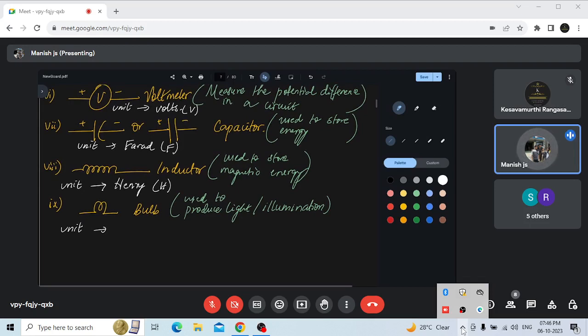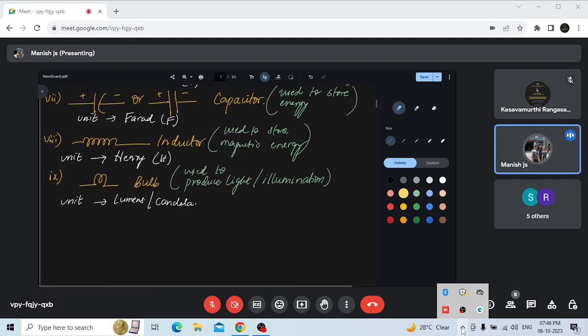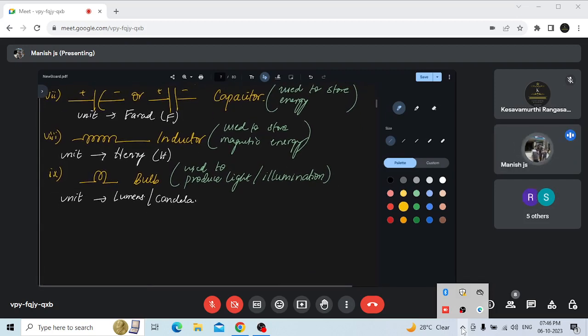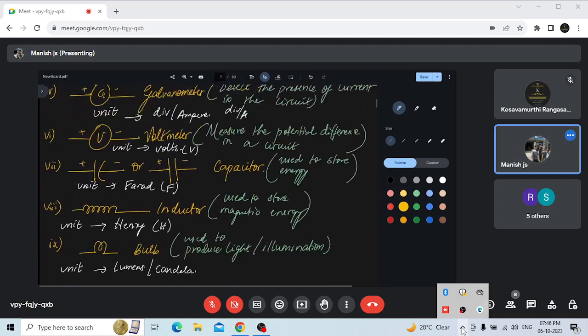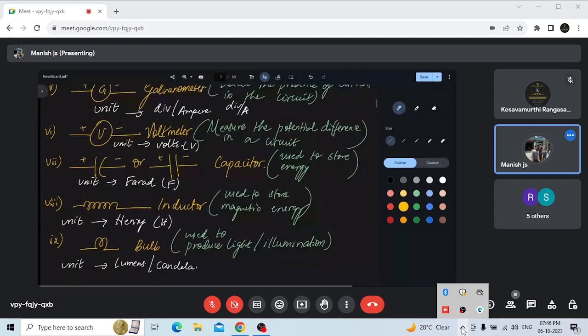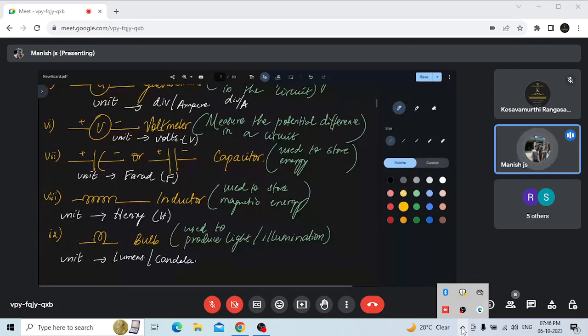When you say it produces light, the unit of light is called lumens, or that is a higher version. We also call it candela. If you have learned the fundamental units, you remember light intensity. So these are all the basic circuit components that you will have to know. With this, we'll proceed further.